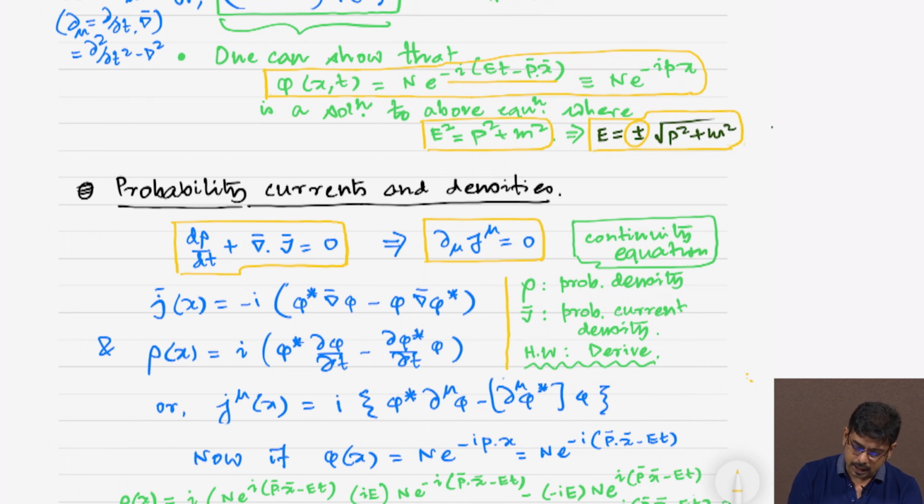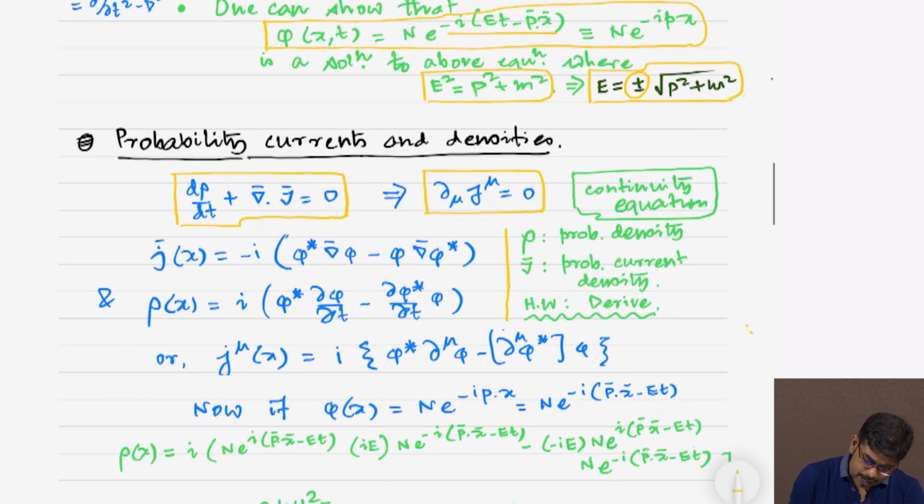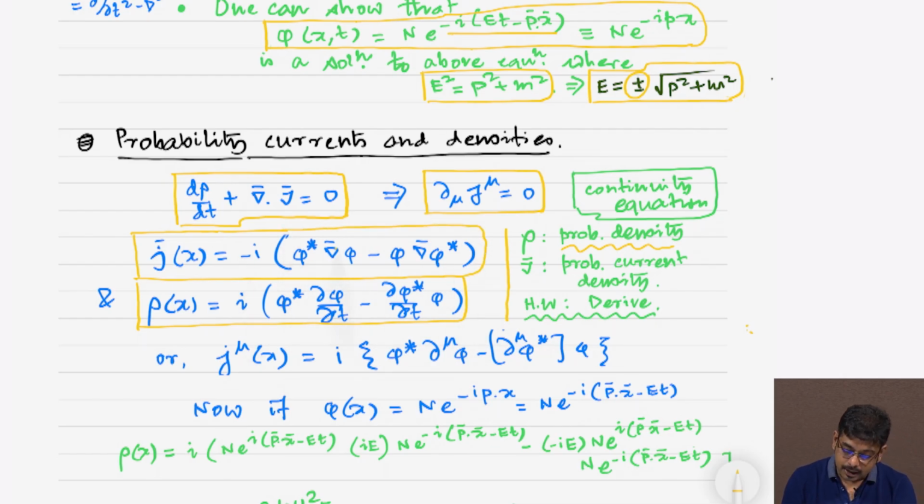The first component is what I call ρ, and that can be shown to be i (φ* ∂φ/∂t − ∂φ*/∂t φ). This is what I call the probability density associated with this equation, and then there is a probability current which I define as j, essentially minus i (φ* ∇φ − φ ∇φ*), and j is called the probability current density.